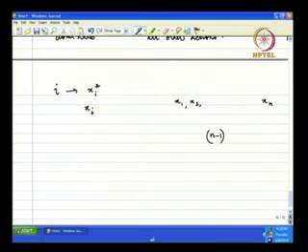That I can find out by dividing n minus 1 by 2, because let me take an example. Suppose I have 5 elements: 1, 2, 3, 4, 5. Now, if I take 1 out, then the middlemost will be 2 and 3.